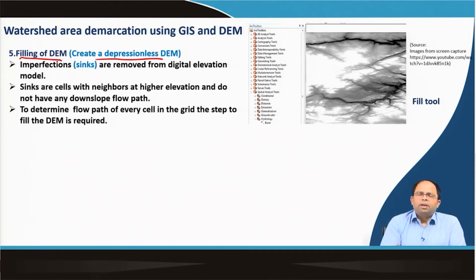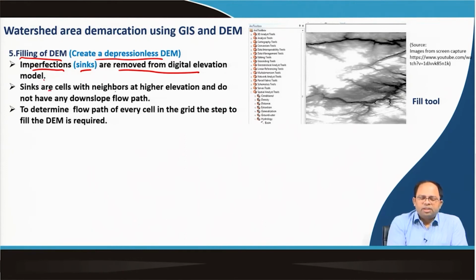But to make it simpler, to determine the movement of water inside a watershed, we first fix these imperfections. So we create a depressionless DEM. These minor depressions are actually removed.